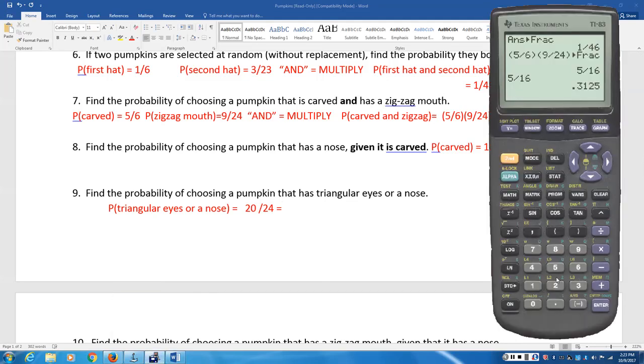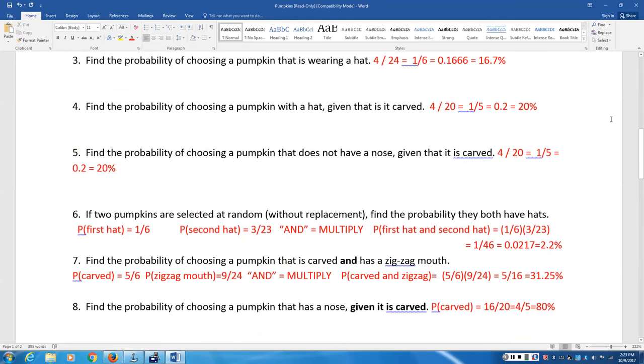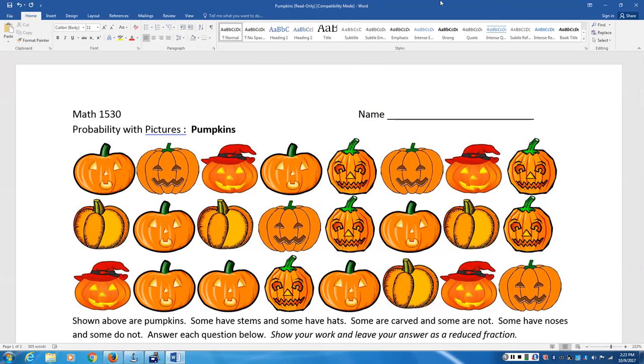You have to count both the triangular eyes and nose with that answer. Well, that was what I was about to talk about, so I'm glad you asked that. Let's go back up here and count. Now we're looking at the ones that have triangular eyes. Now, be careful and watch how I'm counting this time.